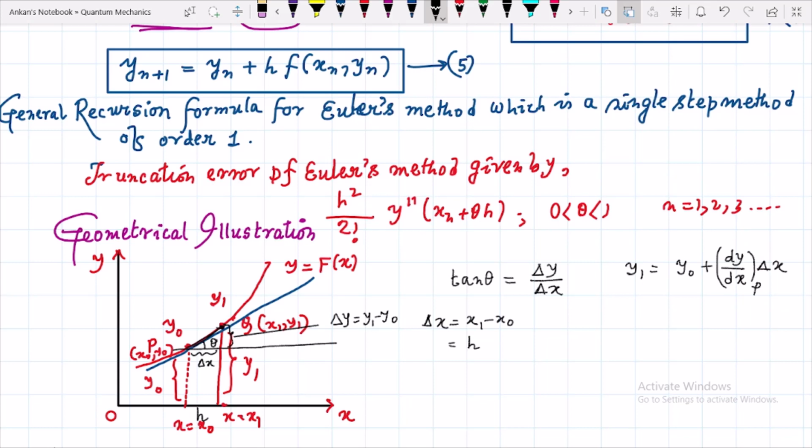Now what is the value of dy/dx at P? This is nothing but f(x, y), which was given in equation 1, and the curve is the solution curve of this equation.